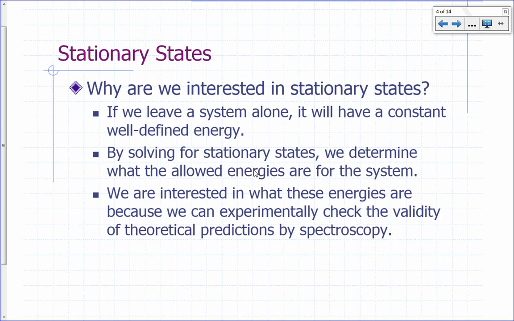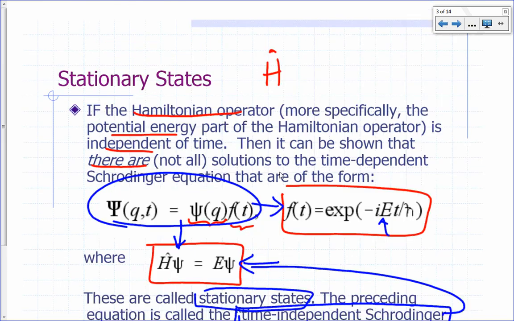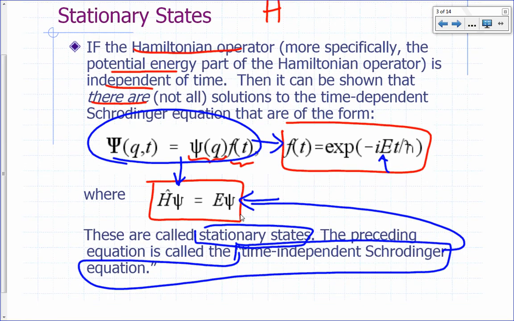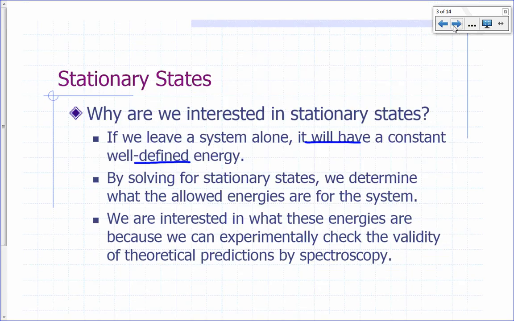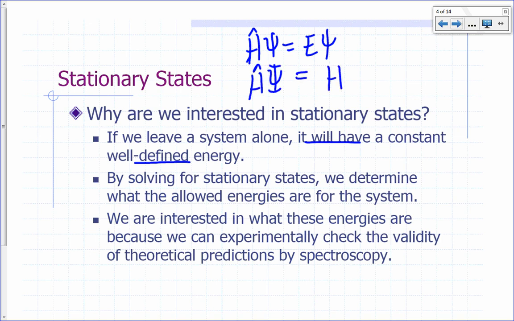Why are we interested in stationary states? Because if we leave it alone, then it will have a constant, well-defined energy. Why? We've just shown that H psi is equal to E psi, right? So if H little psi is equal to E psi, then H hat big psi would be H hat times little psi times a function of time.